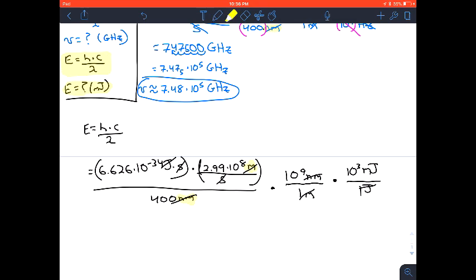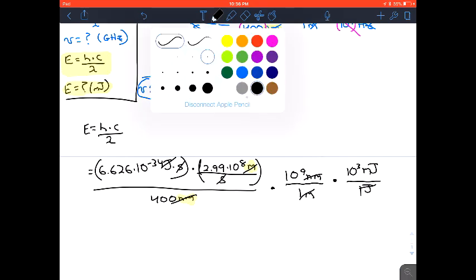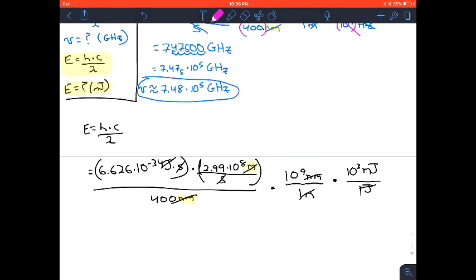Okay, so when we type this in our calculators, you can do it all in one step if you're careful. Well, I'll show you. Let me type it into my calculator first, and then I'll show you what to do.